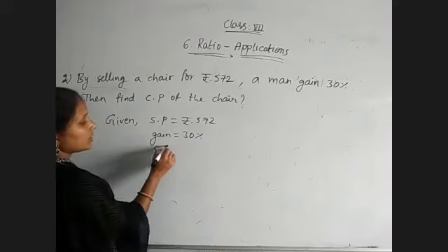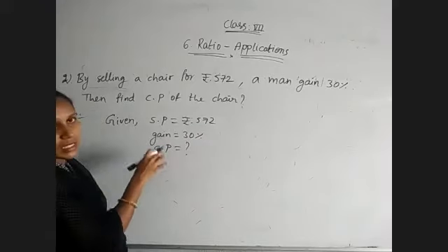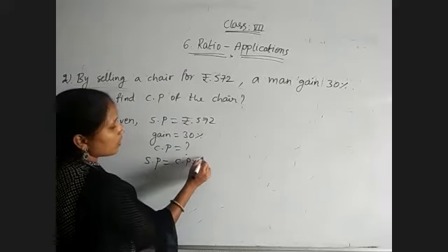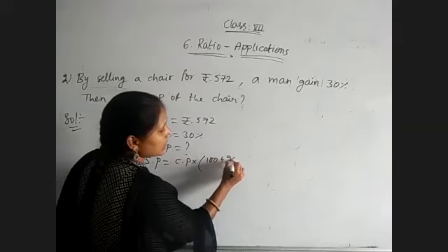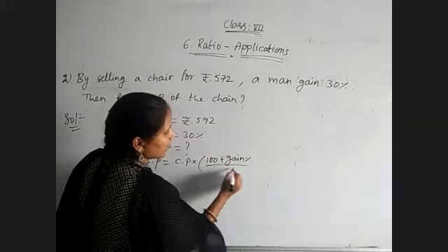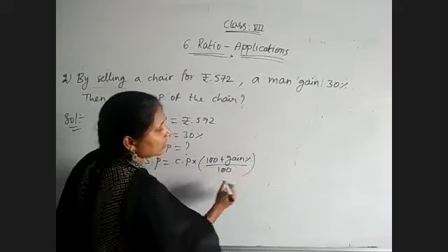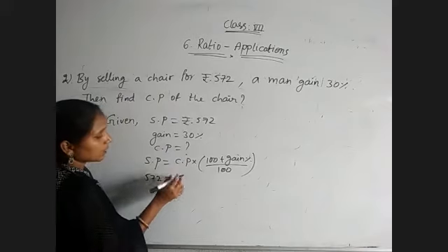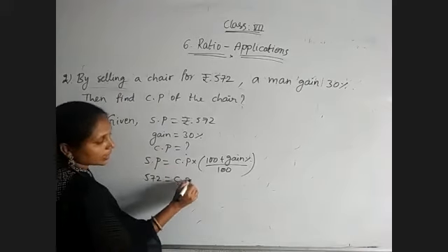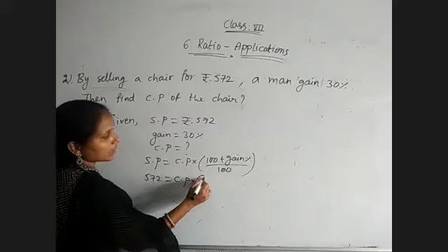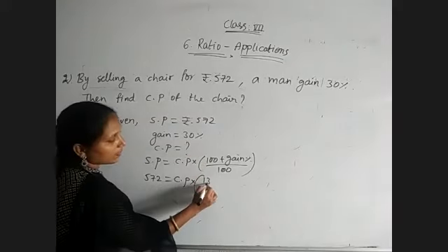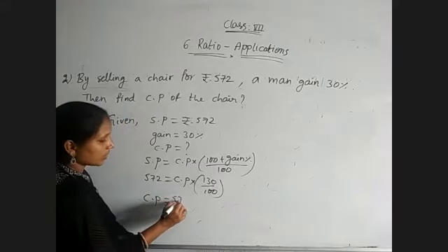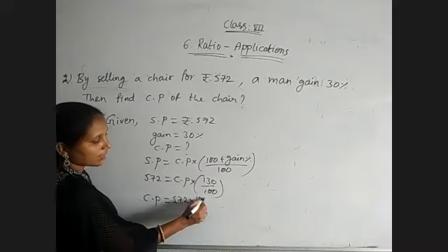We have a formula related to these three terms as SP is equal to CP into 100 plus gain percent divided by 100. So SP value 572 is equal to CP, we don't know, we need to find, into 100 plus gain percent, 100 plus 30, that is 130 by 100. That's it. CP will be equal to 572 into reciprocal of this value, that is 100 by 130.